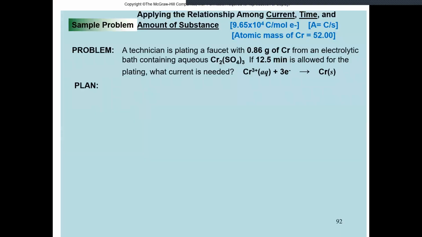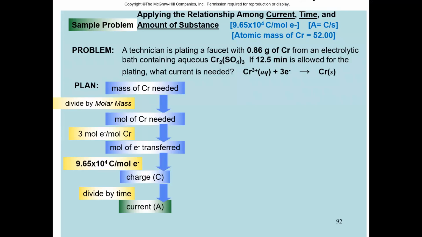So I went through this one problem here. So you should go through this again. Basically, we're given mass, and we want to find out the current. Current is basically coulombs per second. So this is given, and we have the atomic mass on the periodic table, 52. So we're given 0.86 grams.